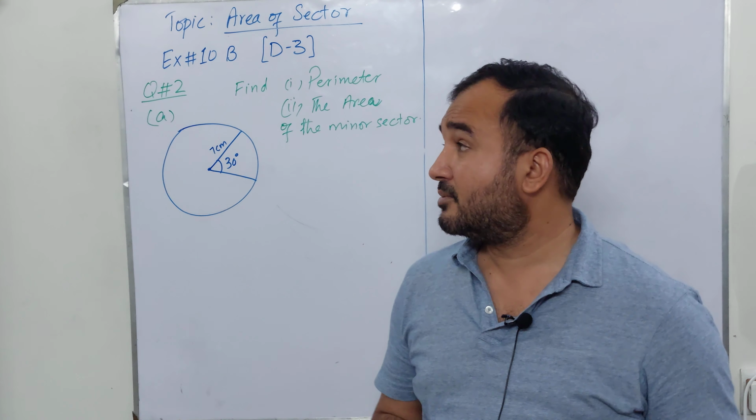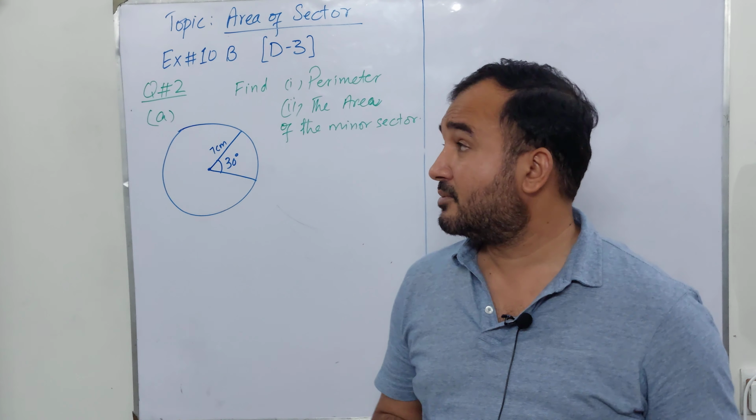Okay, so it's 3.14 into this r, which is 20, so 20 square. So it will be 8 over here as usual, and 3.14 into 400. Square of 20 is 400, right? So it will be 3.14 multiply 400 divided by 8. It's 157, right? Square centimeter.